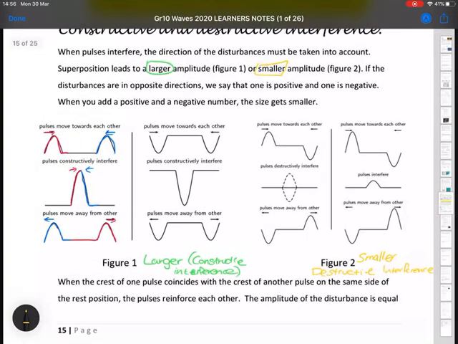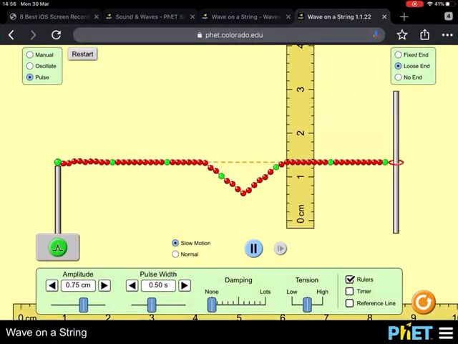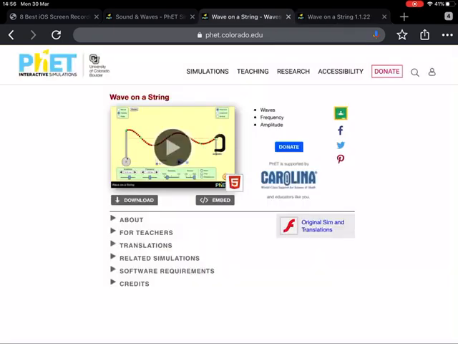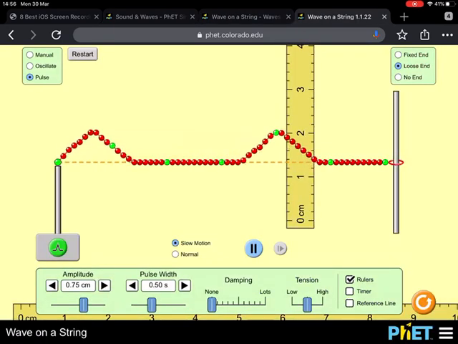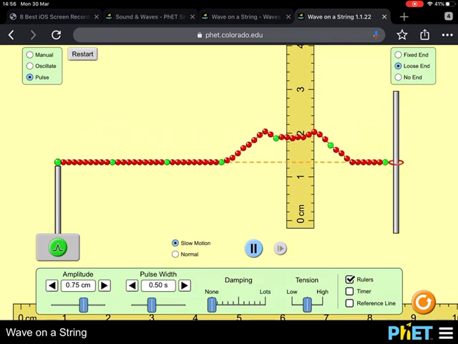Okay, so either you can have a bigger wave above your equilibrium point or below, just like I've shown you in the PhET circuit simulator over here. So there both waves are above.